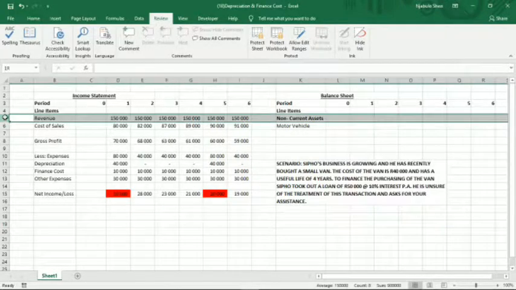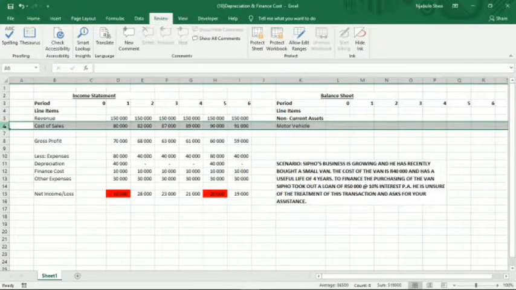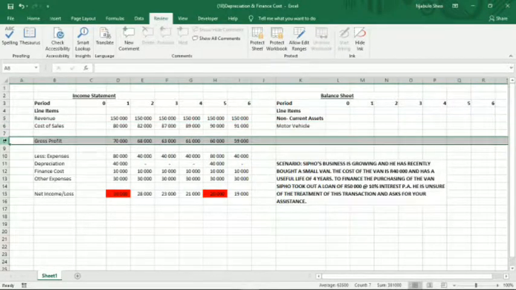We have revenues, which are consistent over year 1 all the way to year 6 at 150,000 rands. We also have cost of sales, which range from 80,000 rands all the way to 91,000 rands over a period of 6 years, from year 1 all the way to year 6. And then we have our gross profits, which is the difference between our revenue and our cost of sales.